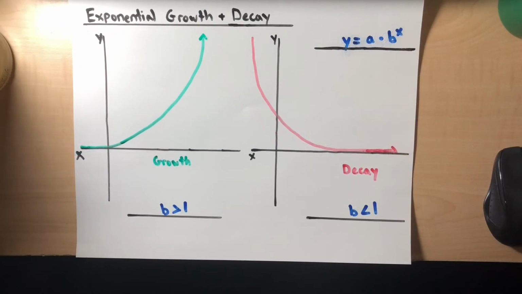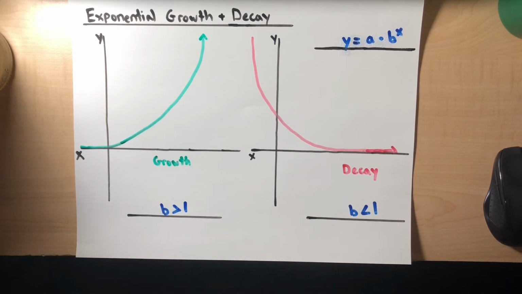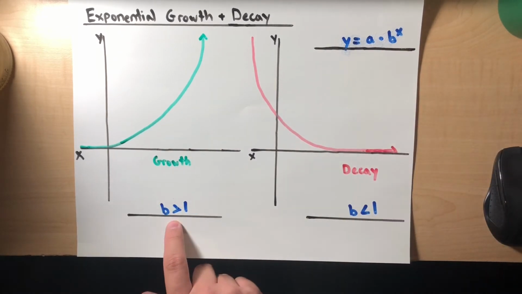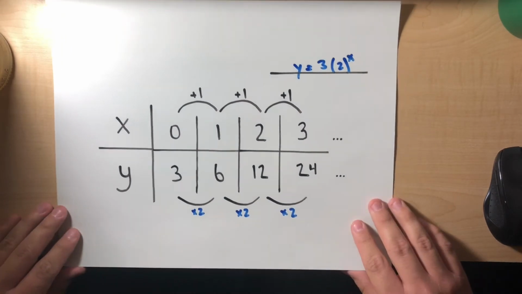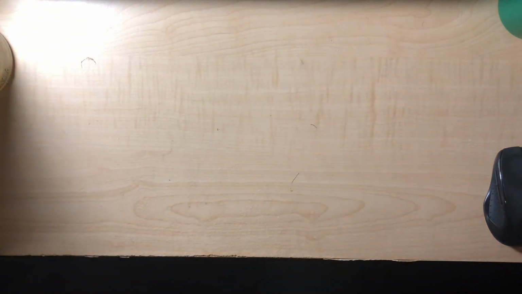So there are a few rules to this, and they do help you quickly identify what type of function you're dealing with. Obviously, growth means increase, getting bigger. When the function is exponential growth, the value of the number affected by the exponent, or b, must be greater than 1. So in the example that I used previously, you can see that the b value here is 2, which is obviously bigger than 1, right? Decay is the opposite.